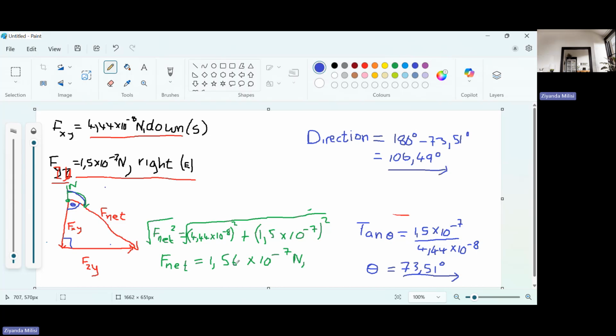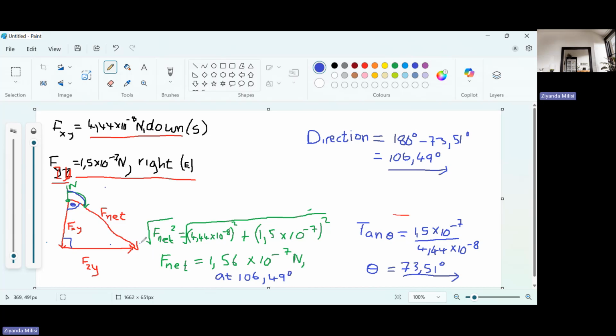So the answer here is 1,56 times 10 to the power negative 7 newtons at a bearing of 106,49 degrees. These are 9 or 10 mark questions.